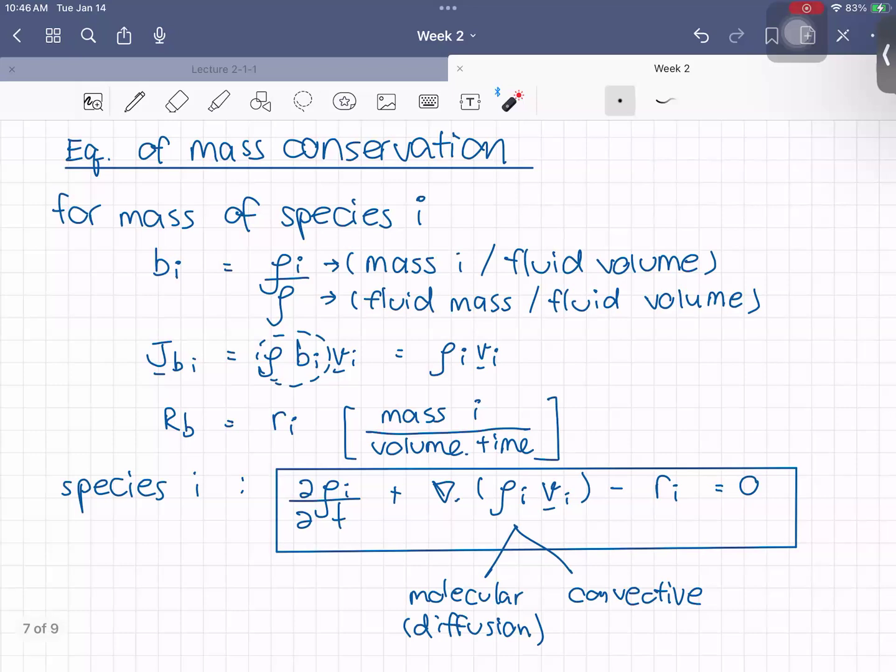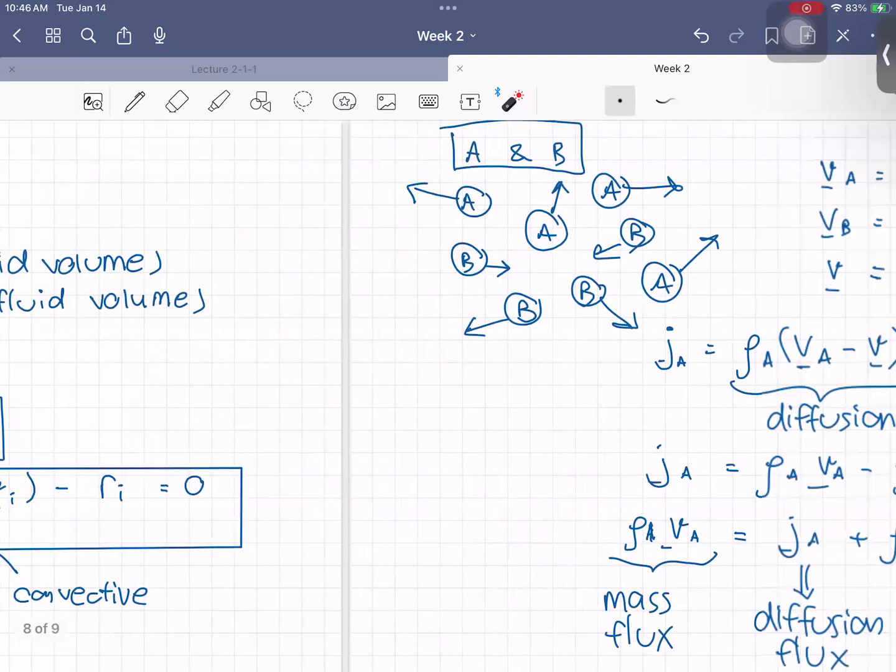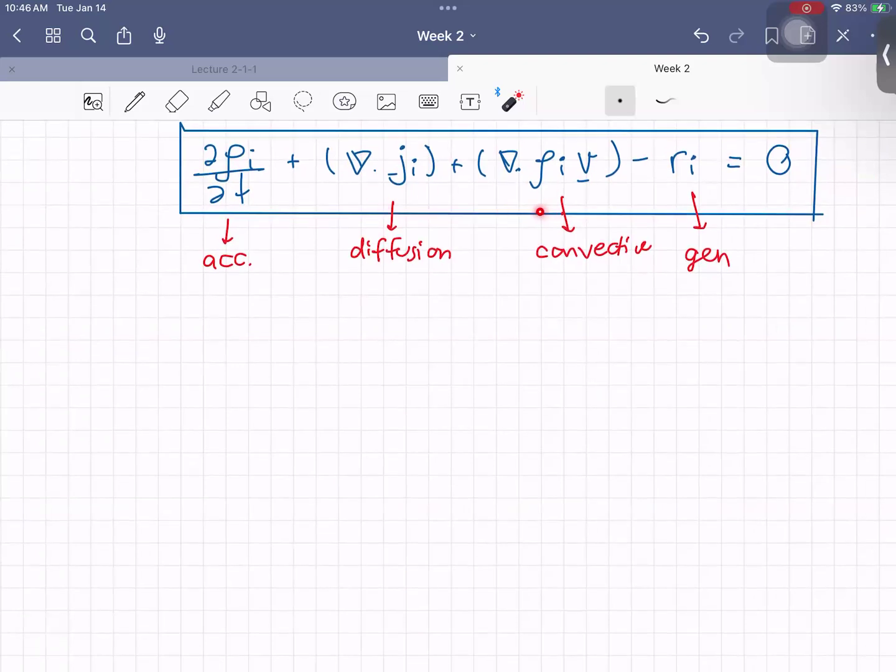For example, if you have only diffusion, how are you going to plug the diffusion term into this equation, right? That's why we need to separate into two different terms right here, okay? That means that when you solve the equation, you need to understand the problem first, what kind of transport mechanism it has for that system. Is it diffusion or is it convection? If you cannot apply it correctly, then you will mess up when you plug into this equation.